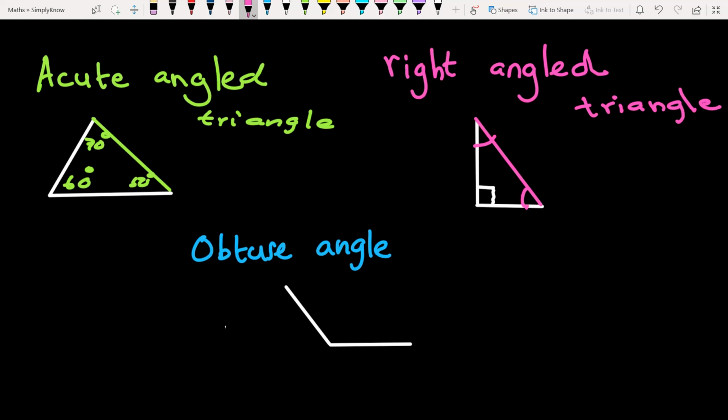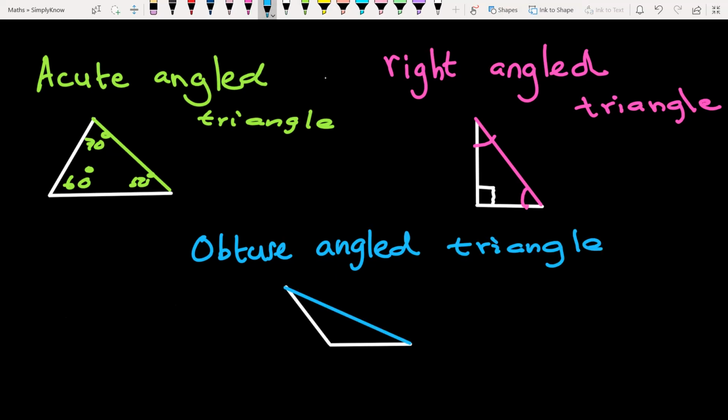Now let's consider obtuse angle. An obtuse angle is an angle which is greater than 90 degrees but less than 180 degrees. Now I draw a line and complete this like the previous ones. And I get an obtuse angled triangle.